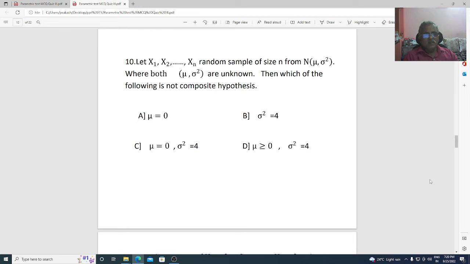Option C, mu equal to 0 and sigma square equal to 4. And option D, mu greater than or equal to 0 and sigma square equal to 4. Then the correct option is option C.